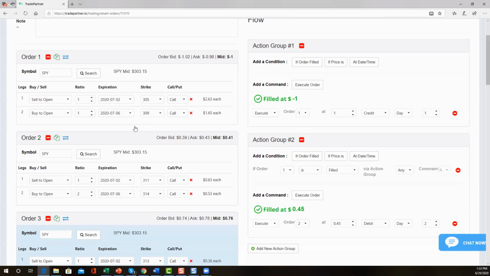Because as the market moves down, the value is maintained in these longs, in the calls. If the market moves up by a point, you're not going to be able to get the 306, 310, for example, for $1 credit. It's probably going to be slightly less than $1 credit, because that's just how it works.